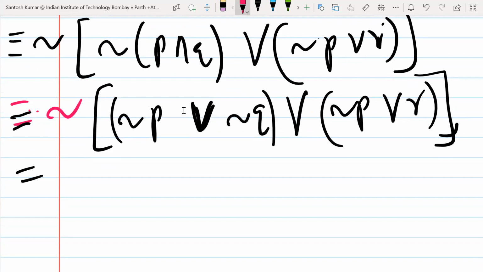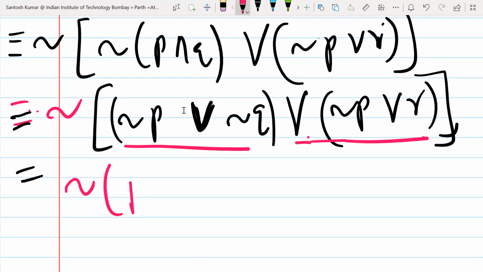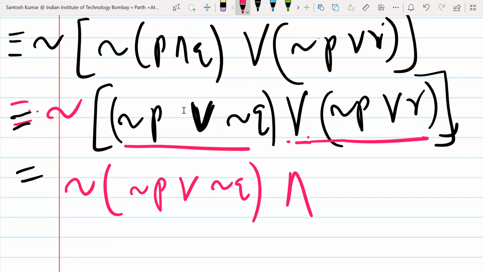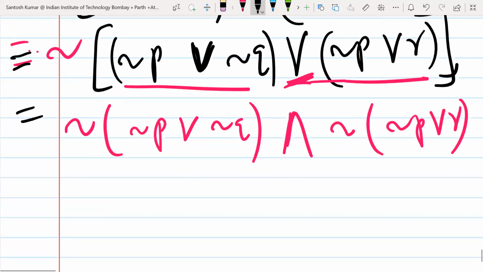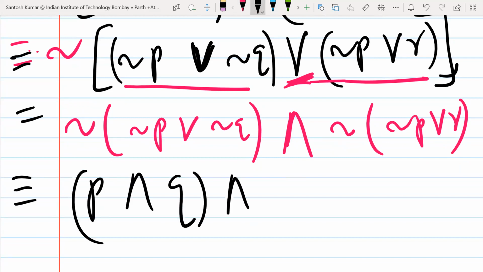This is P or Q, so we take negation: negation of negation P, or negation Q, and this or will convert into and, negation of negation P or R. Now you simplify this. Negation of negation P is P, and this or converts into and, and negation of negation Q is Q. And here negation of negation P is P, or its negation R.